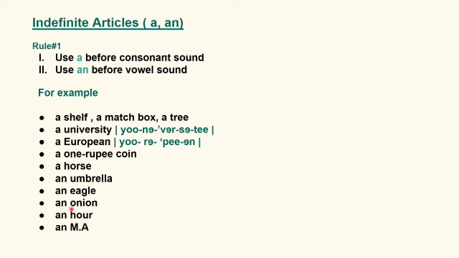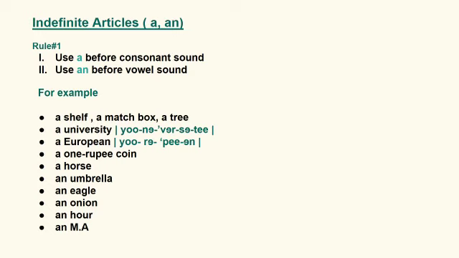And afterwards an onion, this is also a vowel sound. And afterwards an hour. H is silent here, so this is an ow sound, so we use an hour. Then an MA, M has an em sound, this is a vowel sound, so we use an MA.